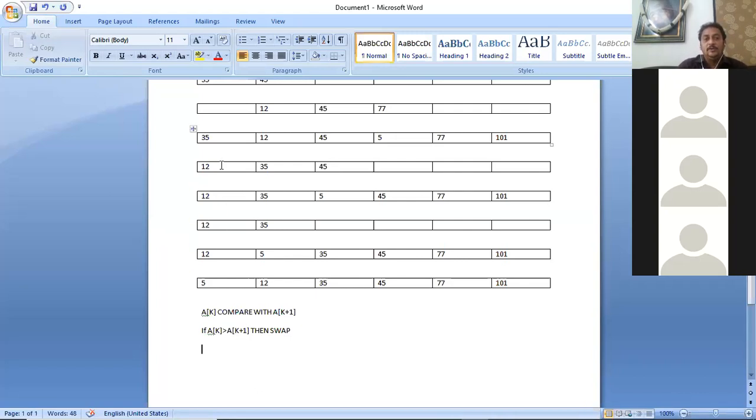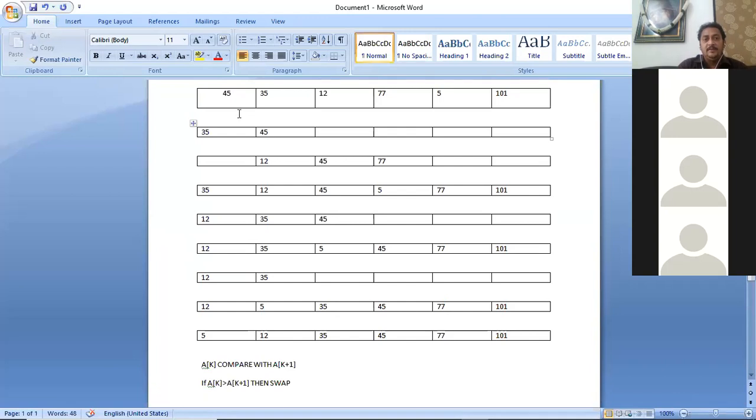Here a is an array, and k is the position of the elements. If this is k, then this is k plus 1, k plus 2, k plus 3, k plus 4, and k plus 5. So always we compare a of k with a of k plus 1.